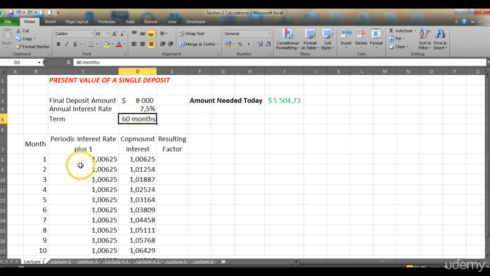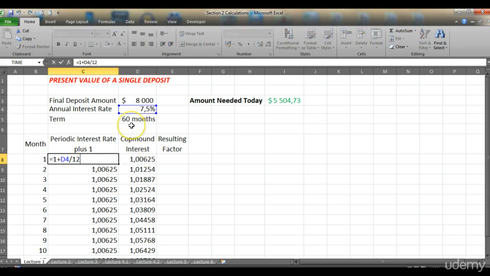First, we should calculate the periodic interest rate, which in this case is 1 plus the annual interest rate divided by 12 because we use the monthly compounding method. If we use the quarterly compounding method, we should divide the annual interest rate by 4 here.